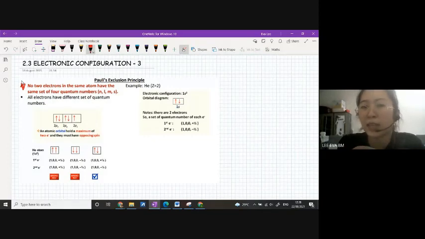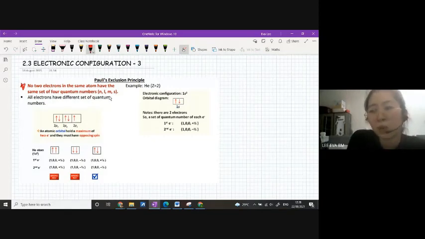If you look at the set of quantum numbers, at least one value must be different. It does not say all four of n, l, m, s must be different. One of the numbers must be different. So no 2 electrons in the same atom can have the same 4 quantum numbers, and all electrons have different sets of quantum numbers. As you can see in the diagram for the 2p subshell, you have 5 arrows.